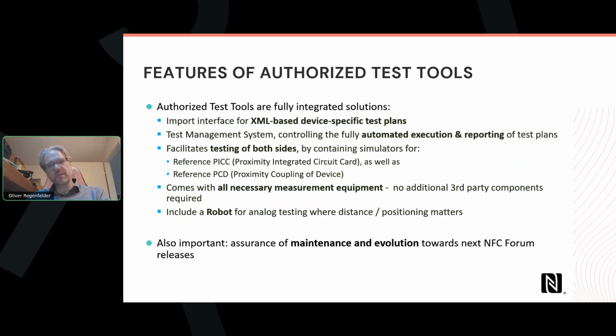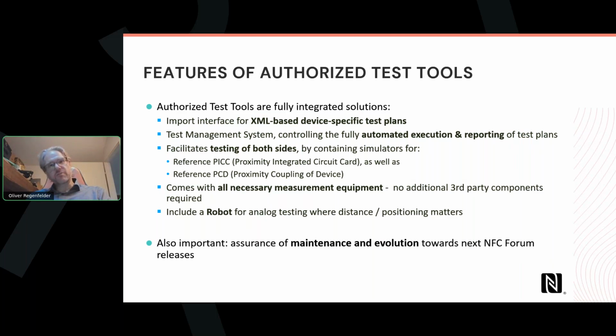And last but not least, all test tools offer maintenance and evolution. What that means is that maintenance is important because there may be a bug identified in a test tool. There may be an evolution of test cases or a change in test cases if certain issues are found.